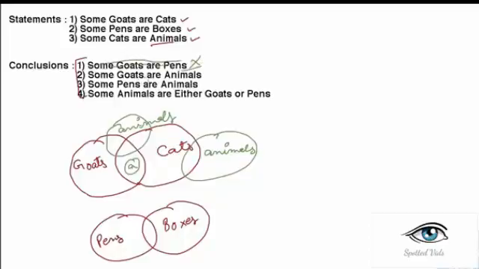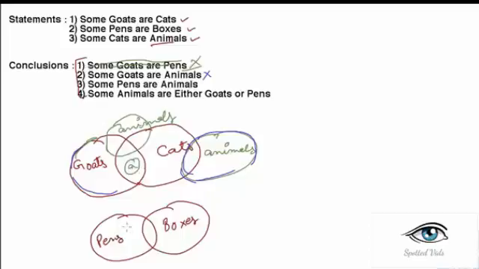Got it. Some goats are animals. If we look at this one, these 2 circles, the goat circle and this animal circle, then we will find that this conclusion is following. But give a look to this circle. If this is the situation, so here are animals and here are goats, then the conclusion doesn't follow. Some pens are animals.